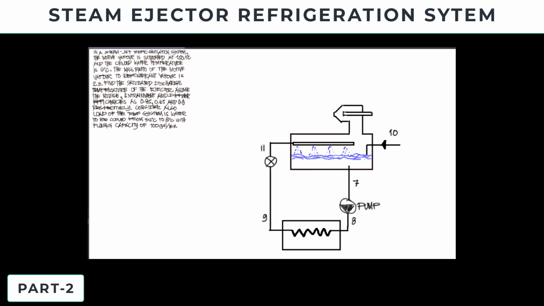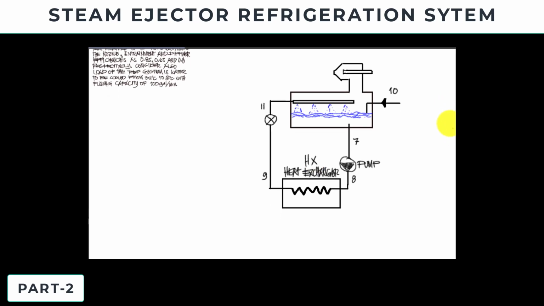As the problem stated, we have an incoming water which is 32 degrees Celsius. This can be my heat exchanger, or I can call this the evaporator. I'm going to call it HX for short.